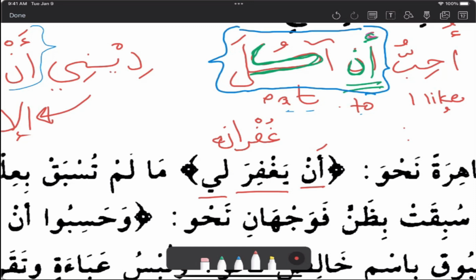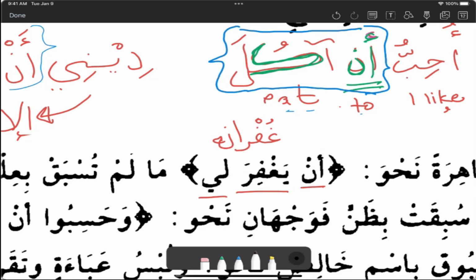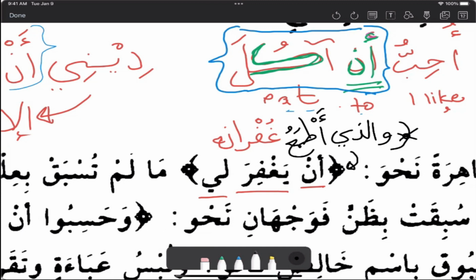So the ayah is, let's see something here. وَالَّذِي أَطْمَعُ أَن يَغْفِرَ لِي, then it continues here, خطيئتي يوم الدين.